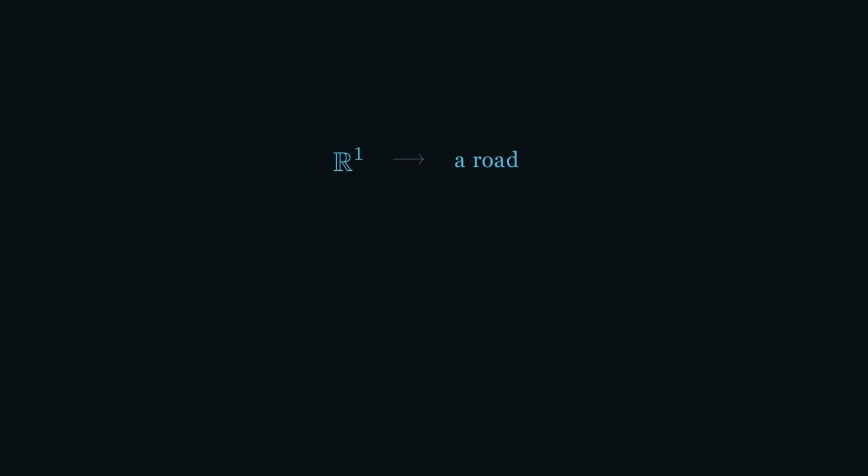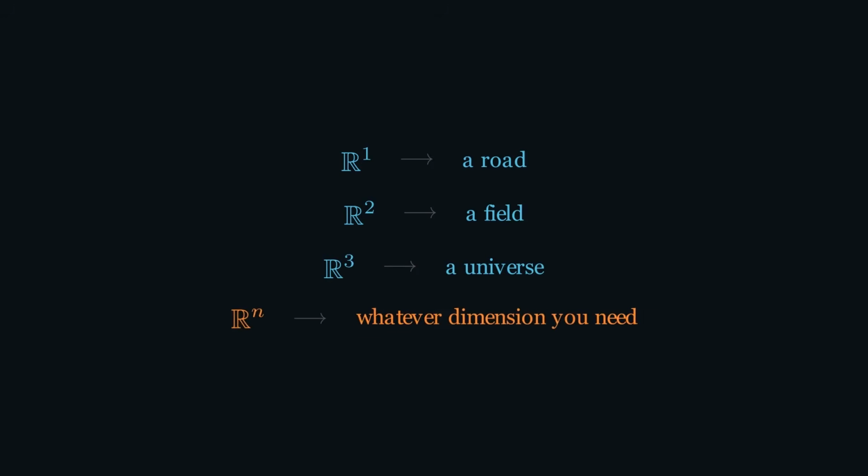So R1 is a line, R2 is a flat plane, R3 is the 3D space we live in, and Rn? Rn is whatever dimension you need. It's the ultimate playground. Now you might be thinking, okay, but what's the point of going beyond 3 dimensions? We can't even see 4 dimensions.